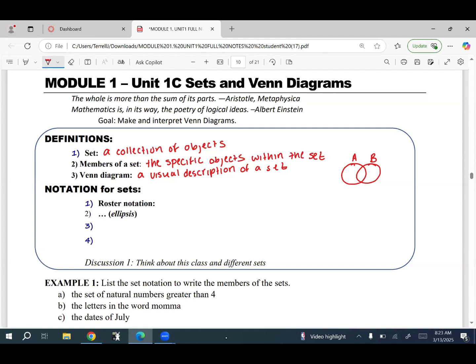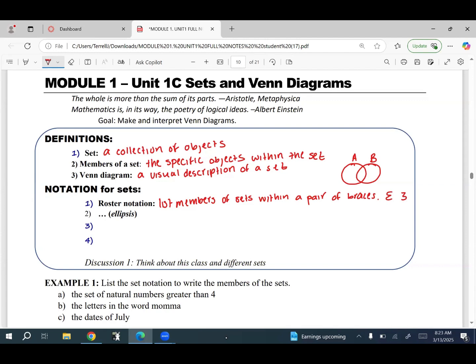We list members of sets within a pair of braces. This is what braces look like, and you list your members within those. That's called roster notation. They're kind of like parentheses.